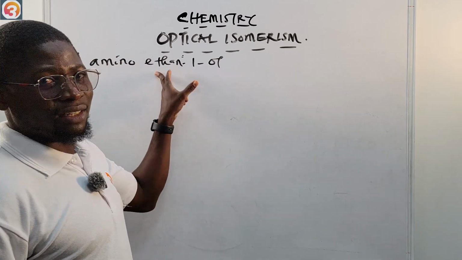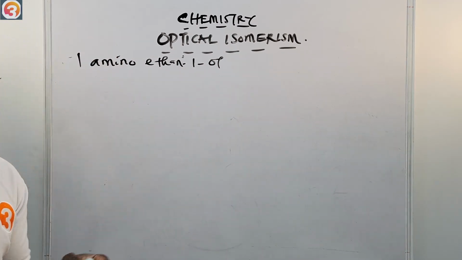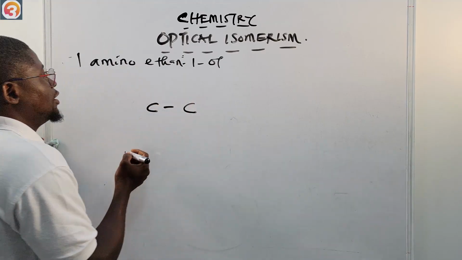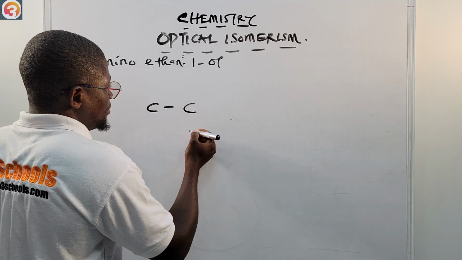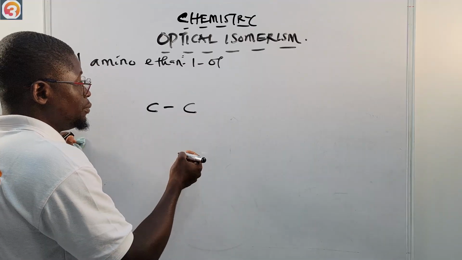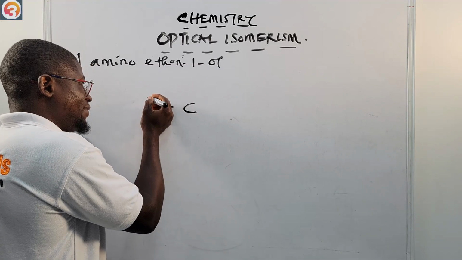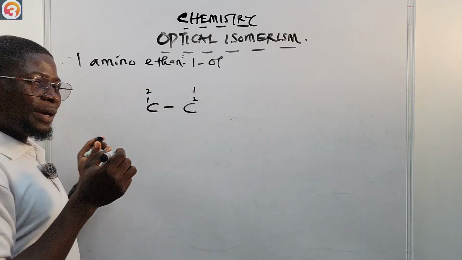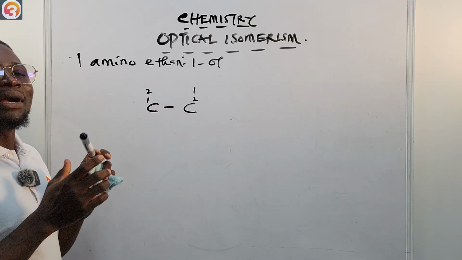Ethane has 2 carbon atoms, so we want to have 2 carbons. Then they say 1-amino, which means our amino group will be on the first carbon. If this is our first carbon, or this is our second carbon, depending on which carbon is taking priority.